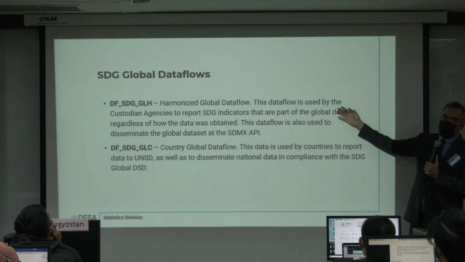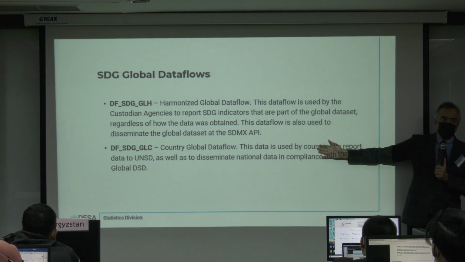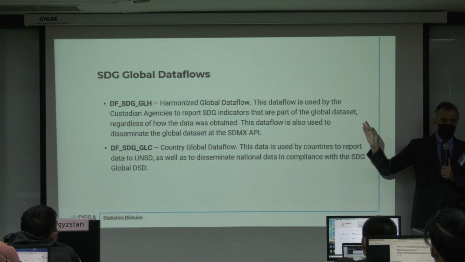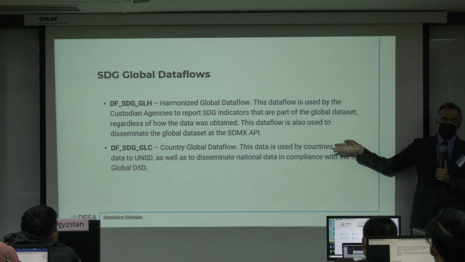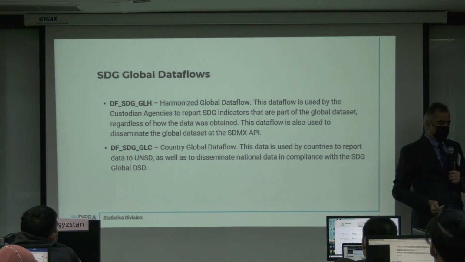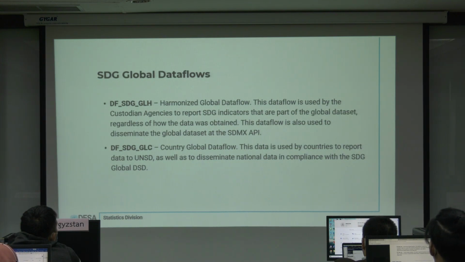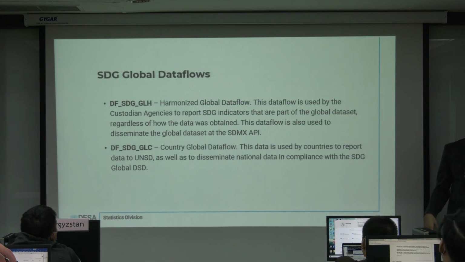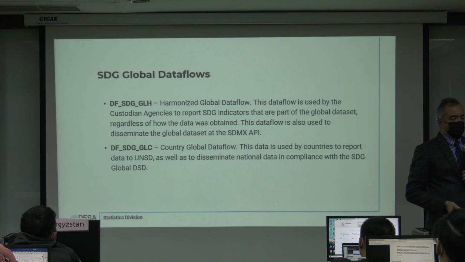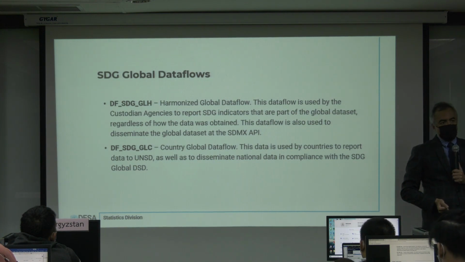The data flows here are all strictly for the global SDG indicators, because the only thing you can use the global SDG data flow for is to report global SDG indicators. But the same indicator can be reported, for example, working poor, the indicator we just looked at, employed populations below the poverty line.